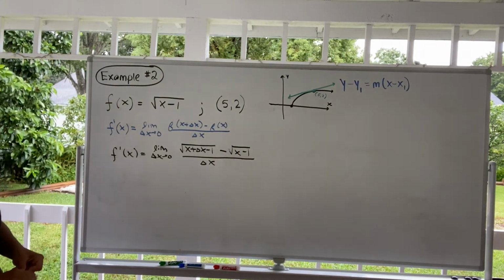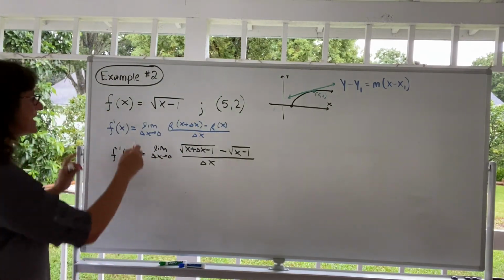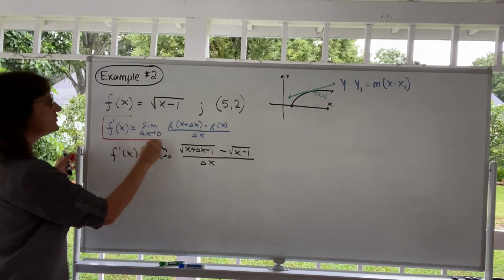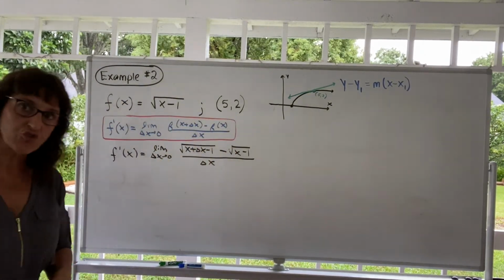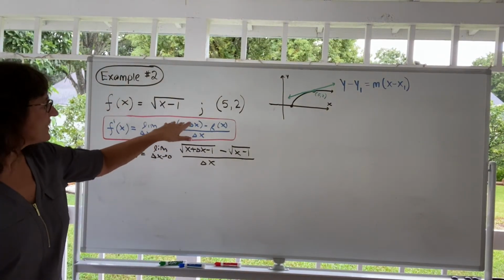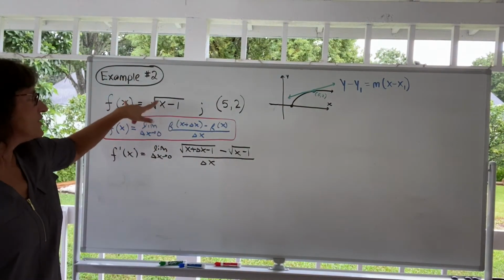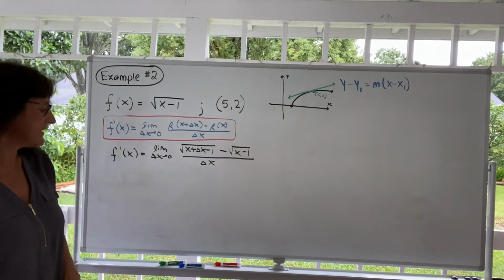Again, this is your definition of derivative, and we are going to compute the derivative using the definition. We're going to get the slope that we need using the definition. So you take f of x plus delta x, take your function, replace the x's with x plus delta x, minus the function, over delta x.